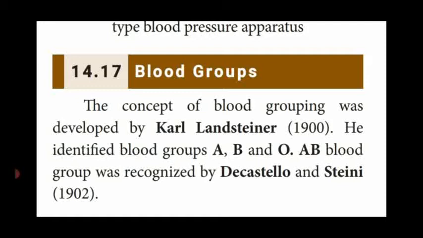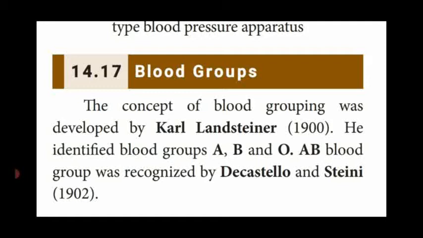Next we are going to see different types of blood groups. The different types of blood group were first developed by Karl Landsteiner in the year 1900. He identified four types of group: A, B, O and AB.